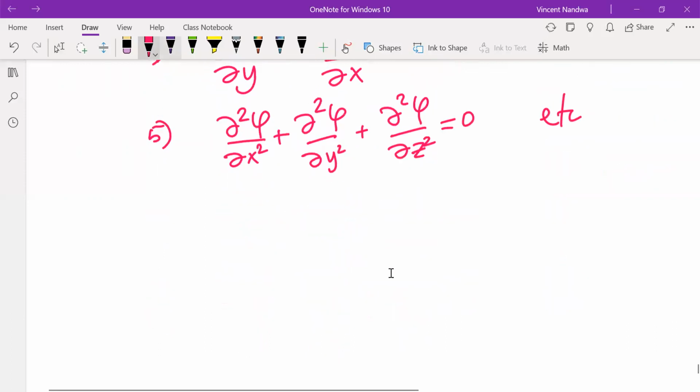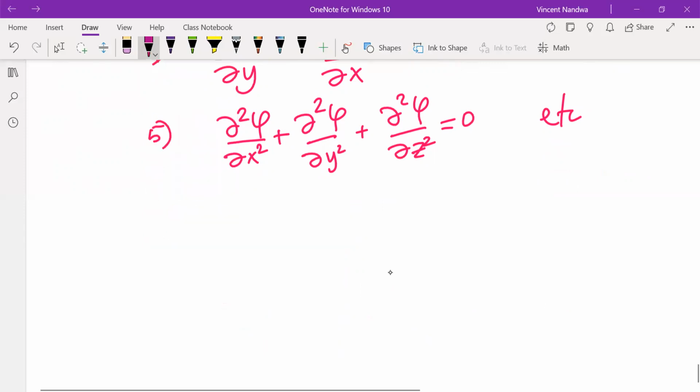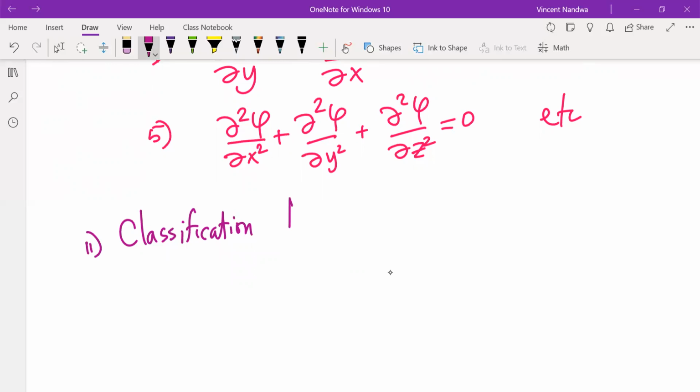Now let's see the second way of classification of differential equations. So number 2, classification by order. So the order of a differential equation is the order of the highest derivative in the equation.